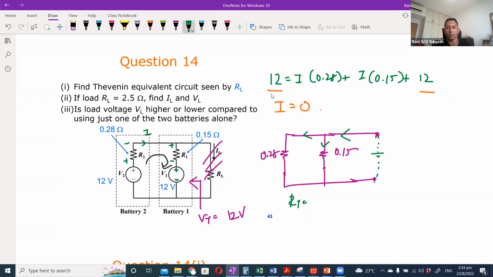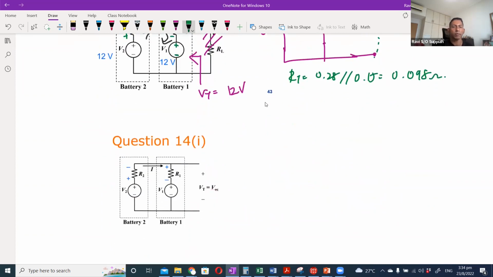So RT is equal to 0.28 parallel with 0.15, which will be 0.098 ohm. So the final Thevenin's equivalent circuit will be 12 volt, 0.098, and then the rest is the load. So that is the final Thevenin's equivalent circuit.